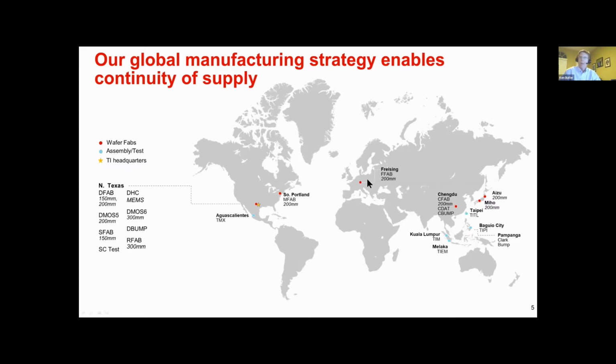We still have a wafer fab and other folks present in Freising, Germany. And then in the Asia-Pacific region, we have fabrication facilities in China and Japan, and a lot of assembly and test operations in various locations across Asia. I also mentioned that we have a significant presence in India, which is mostly a design center.